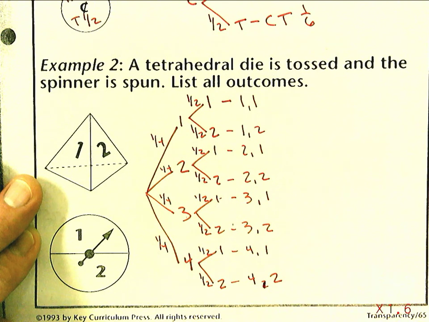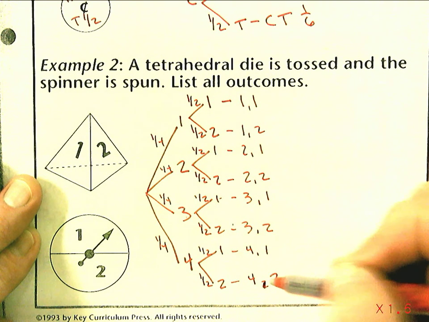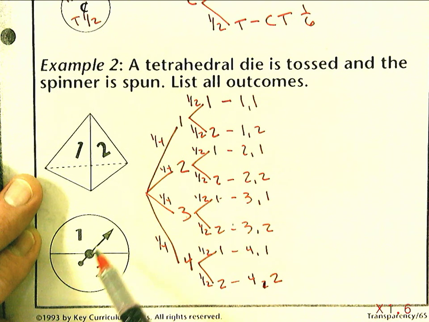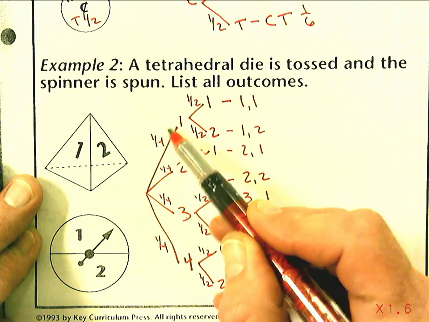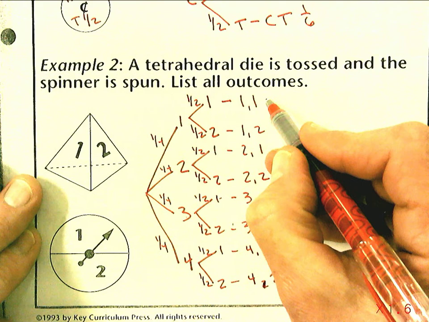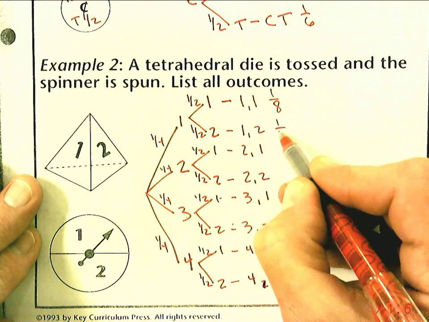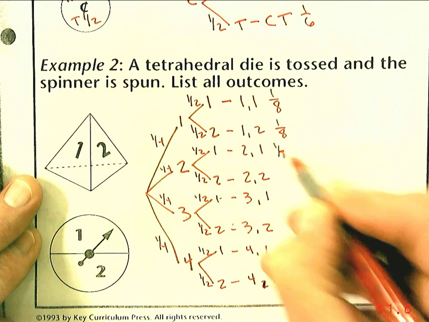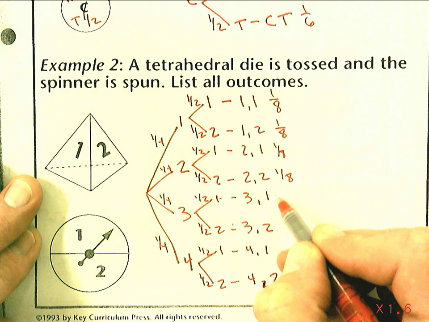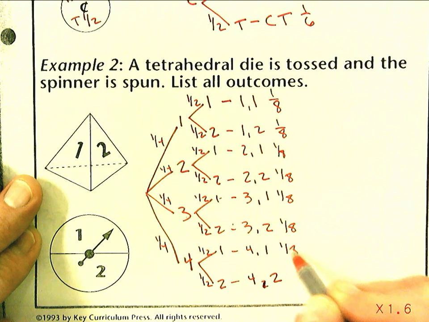So you can see there's 1, 2, 3, 4, 5, 6, 7, 8 outcomes. Makes sense. 4 on this one, 2 on this one. 4 times 2 is 8. If you look at this, 1/4 times 1/2 is 1/8. So in each of these cases, each situation is a 1 in 8 chance of happening.